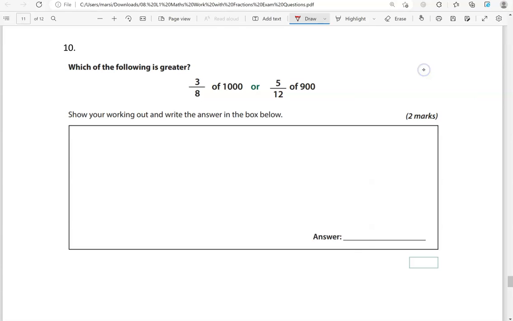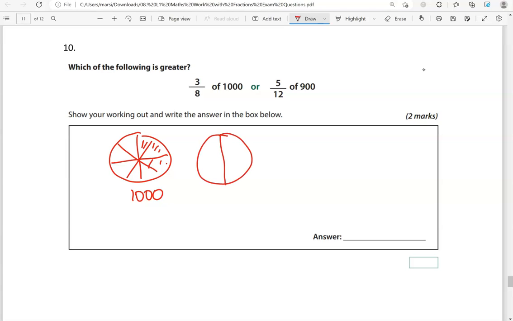So 3/8 will be shown like this, and the whole thing is equal to 1000. 5/12 on the other hand will look like this, but the whole thing is equal to 900.